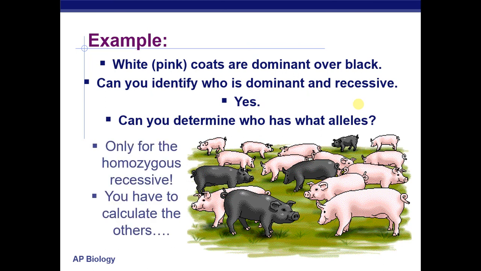Well, only really for the homozygous recessives. We know the black pigs have to have 2 recessive alleles, but we don't know if the pink ones are homozygous or heterozygous. So we're going to start with the black ones. Let's count how many there are. 1, 2, 3, 4 black pigs out of a total of 4, 5, 6, 7, 8, 9, 10, 11, 12, 13, 14, 15, 16 in total.